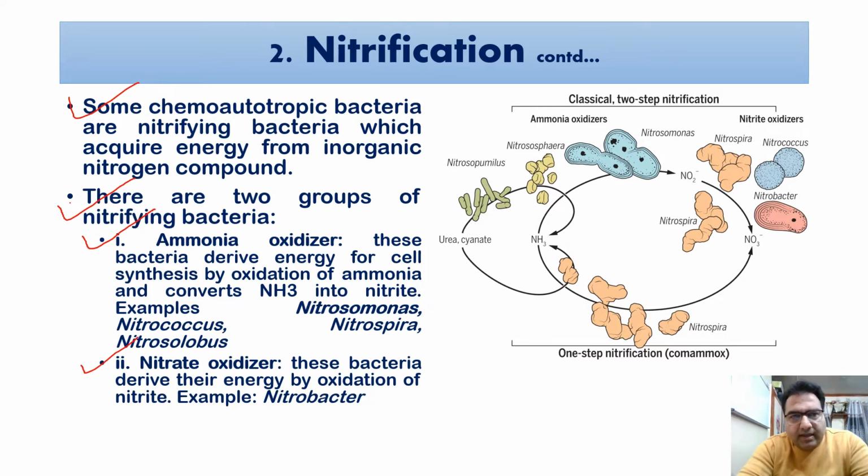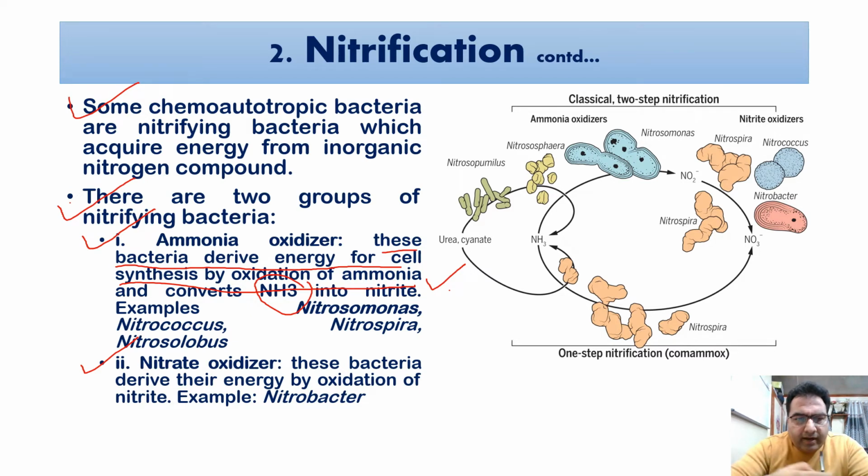So what happens in the case of ammonia oxidizers? These bacteria derive energy for cell synthesis by oxidation of ammonia and they convert ammonia into nitrite. We call them the ammonia oxidizers, and the examples are Nitrosomonas, Nitrococcus, Nitrospira and Nitrosolobus.